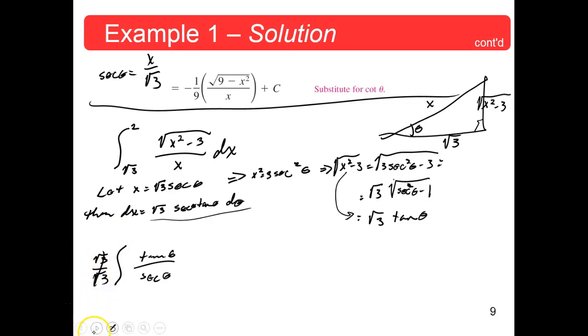Root 3. So we're going to put back in a root 3. So we'll leave it back like that. It's nice to have an erasable thing here. Okay, and that would be root 3 secant theta tangent theta d theta. But the secants go out, and that leaves you root 3 times the integral of tangent squared theta.